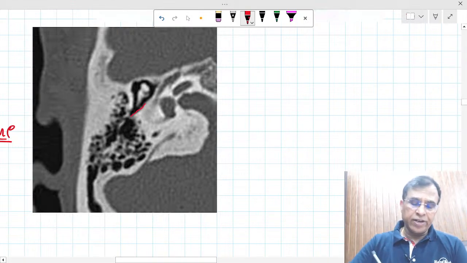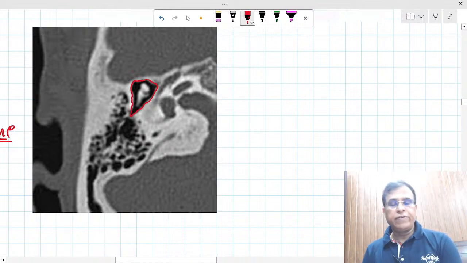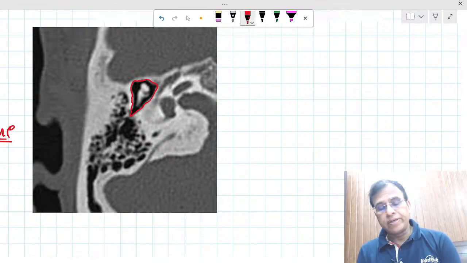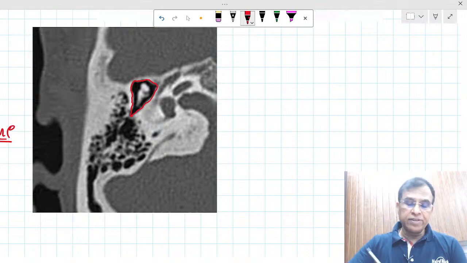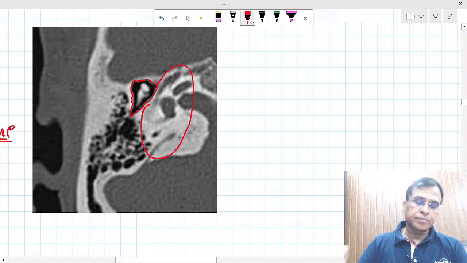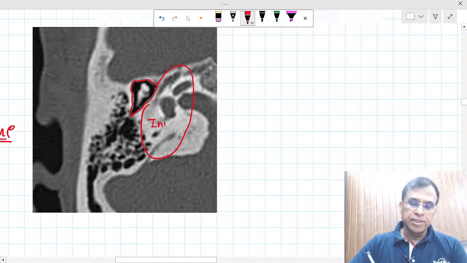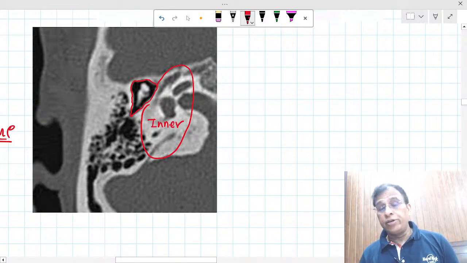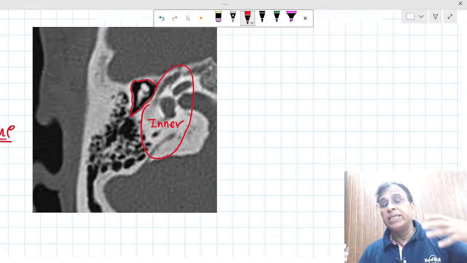And this small cavity is the middle ear cavity. And then inside of this area is the inner ear. Now compare the size of the middle ear to the inner ear. Inner ear is 4 to 5 times bigger than the middle ear.